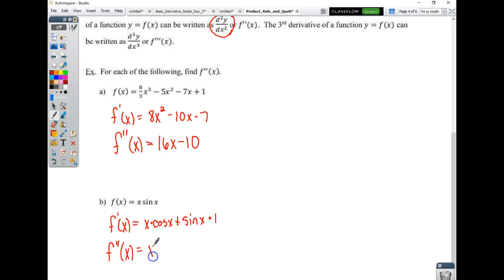We get x times negative sine of x plus cosine of x times 1 plus the derivative of sine x, or negative x sine x plus cosine x plus cosine x, which is 2 cosine of x's. And we keep doing it.